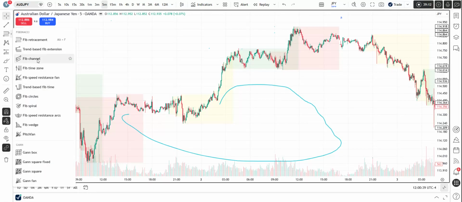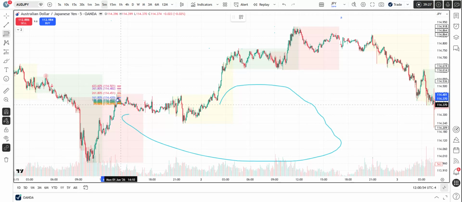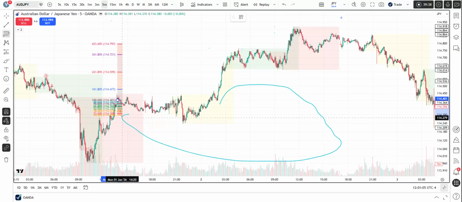You have to put it on like right here, from this point here. It started to range. So you could put it on this right here, and so you have to reverse it again.